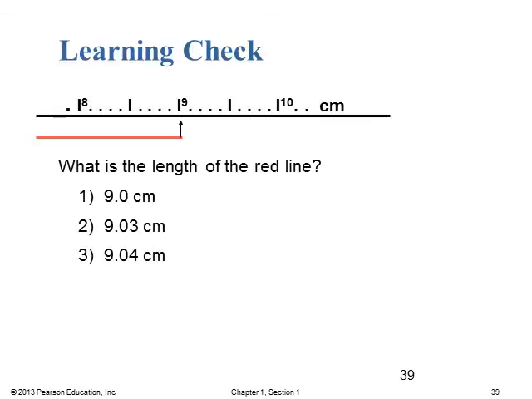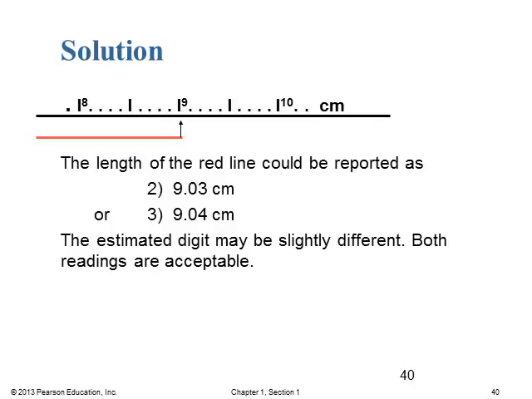It's an estimated value. They're very close in values, so it's really hard to delineate between the two without additional lines, and both of them can be reported as you see in the solution.